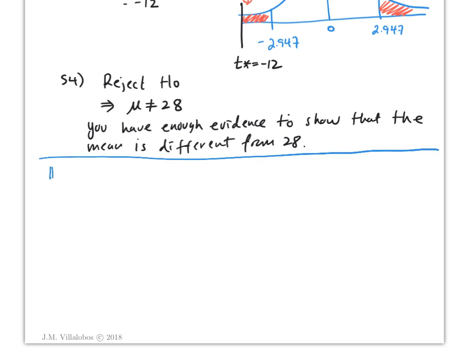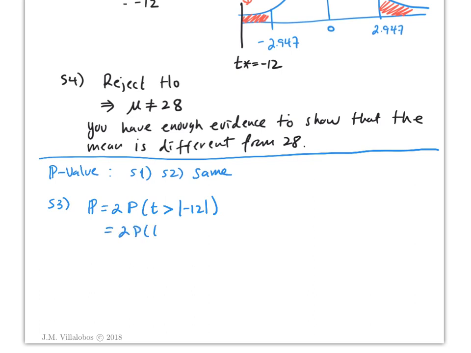Now let's look at the p-value method. Remember that step 1 and step 2 are the same. So step 3, remember there are 2 ways to find it, with the calculator or with the table. If we use the calculator, the p-value will be twice the probability that T is greater than the absolute value of negative 12, which is just greater than 12.